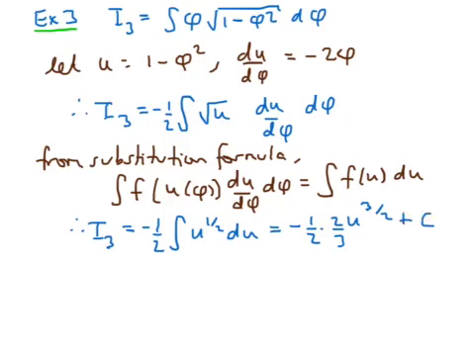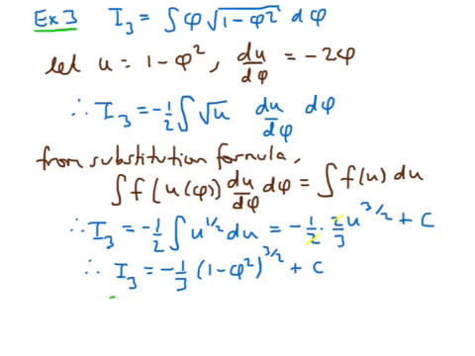So tidying this up, we'll cancel the half and the 2, and we're going to obtain that therefore I3 is minus 1/3, and what was u? u was 1 minus phi squared, so we have 1 minus phi squared all to the power of 3 halves plus an integration constant.